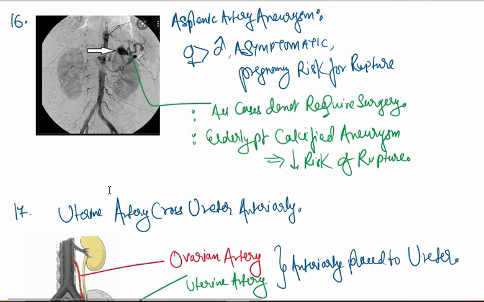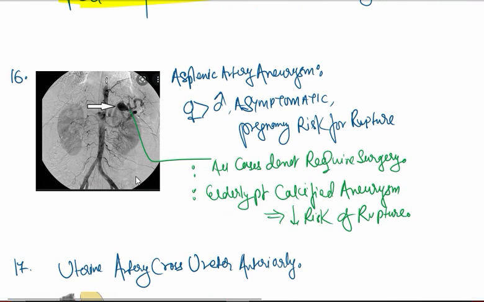Next condition. So we see this splenic artery aneurysm. This is angiography of the abdomen, showing splenic artery aneurysm.